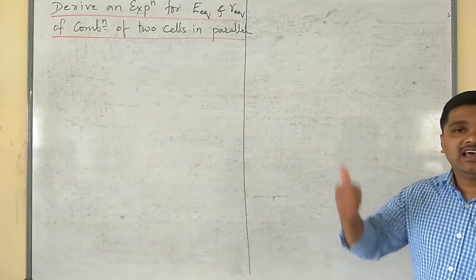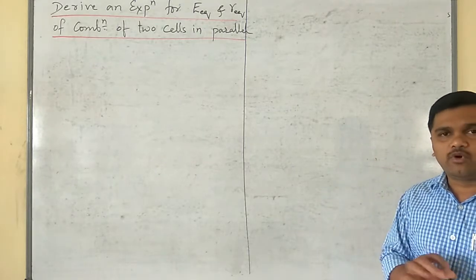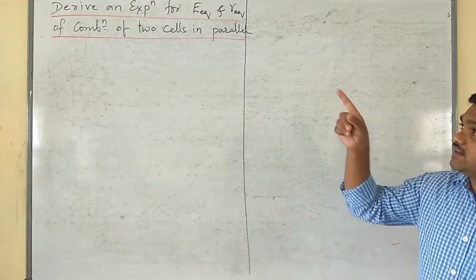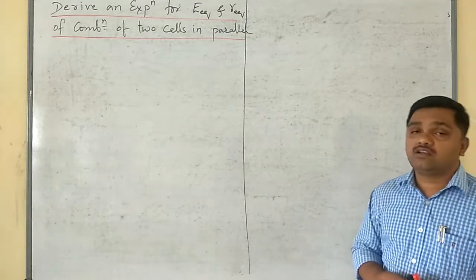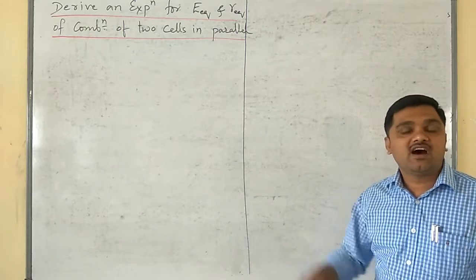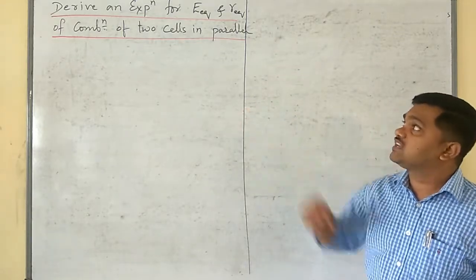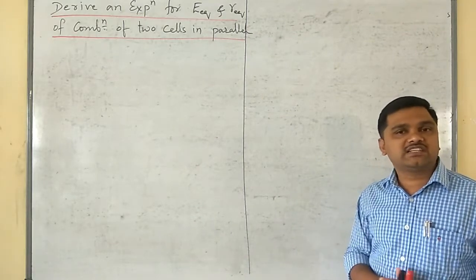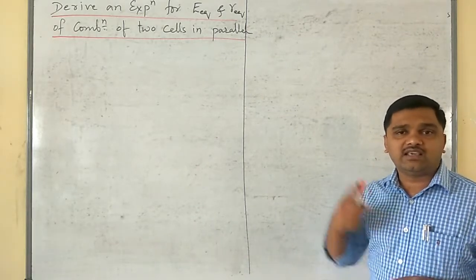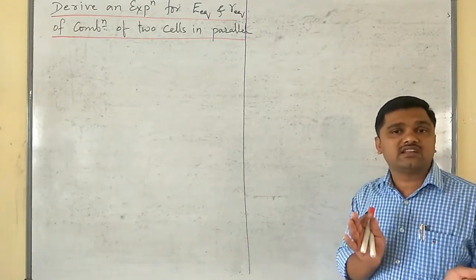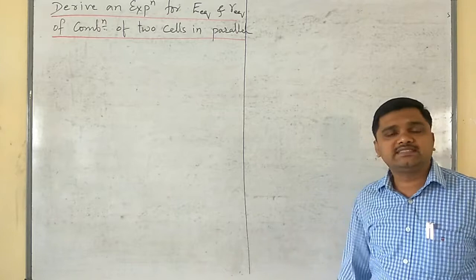In this class, let us derive the most important derivation in this concept of cell. That is, derive an expression for equivalent EMF and equivalent internal resistance of combination of two cells in parallel. In the last class we discussed the E equivalent and R equivalent where the two cells are connected in series.